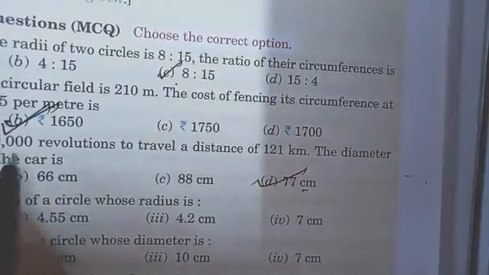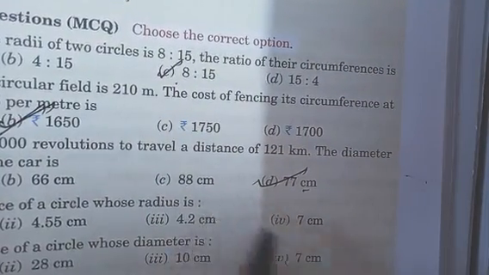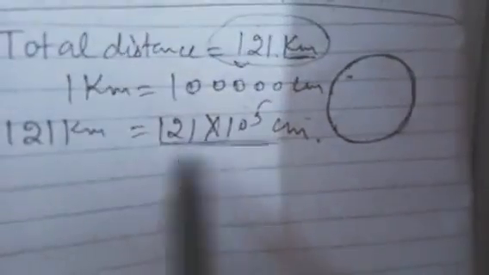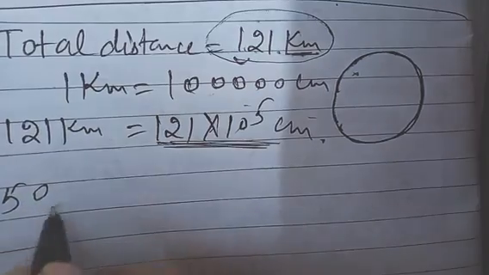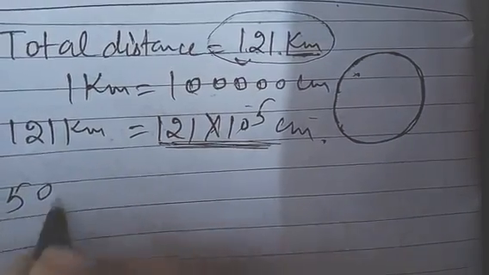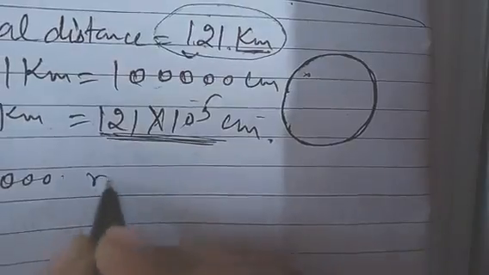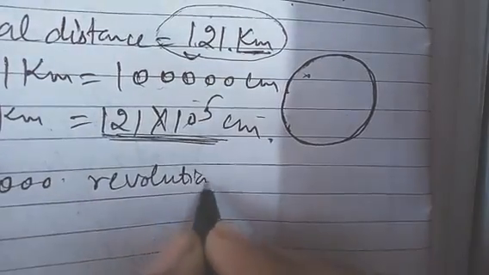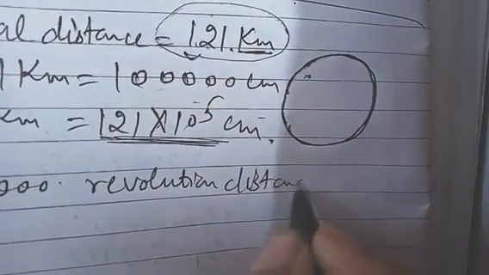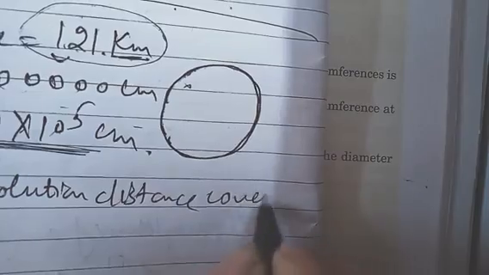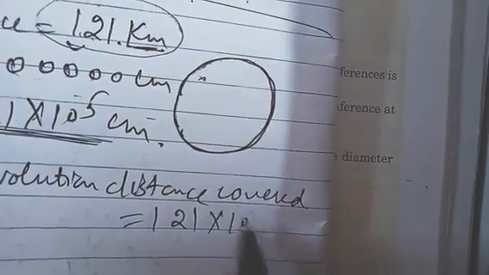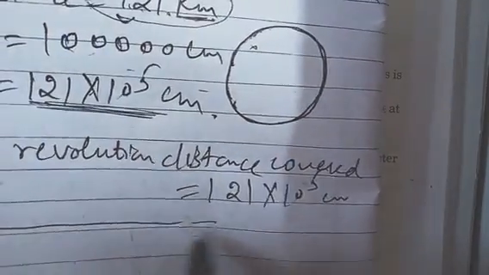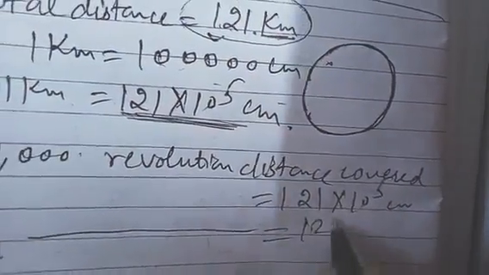Now a car is taking 50,000 revolutions to complete this much distance. In 50,000 revolutions, distance covered is equal to 121 multiplied by 10 to the power 5 centimeter. Then in one revolution, how much distance will it cover?